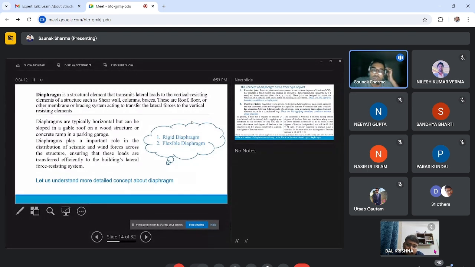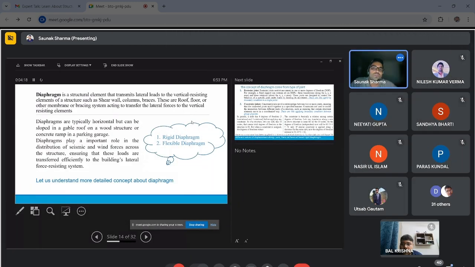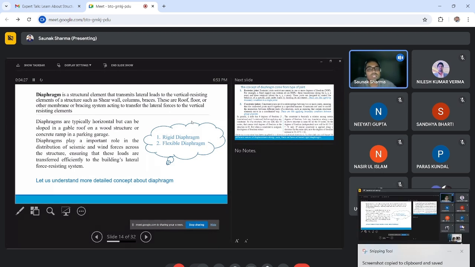So let's go through the definition first. A diaphragm is a structural element that transmits lateral load to the vertical load resisting elements of a structure, such as shear walls, columns, and braces. These diaphragms are roof, floor, or other members or a horizontal bracing system.